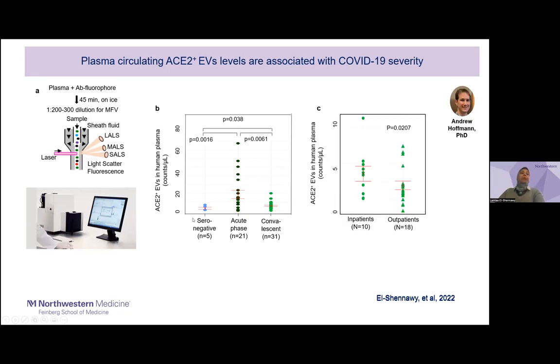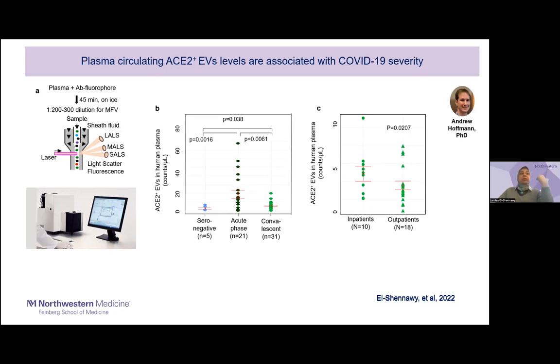Also, the levels of these ACE2 expressing vesicles are higher in inpatients as compared to outpatients. We confirmed that the levels of the plasma ACE2 extracellular vesicles are associated with the severity of the disease.